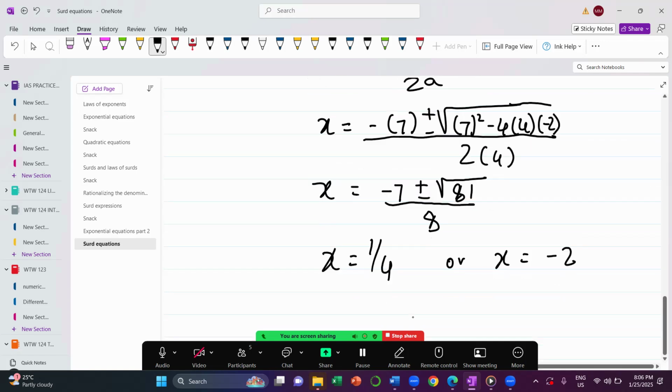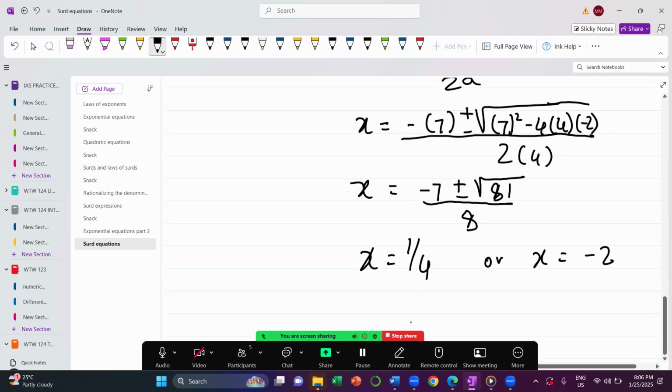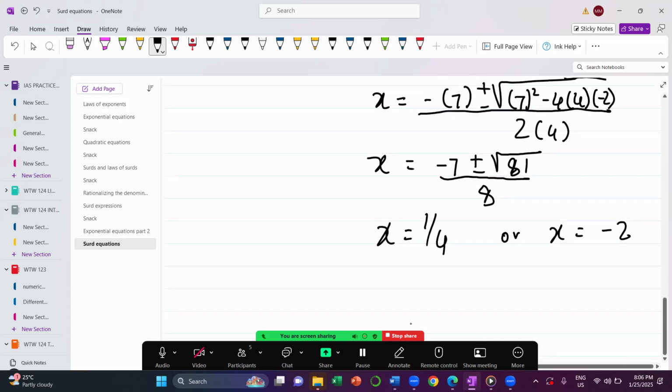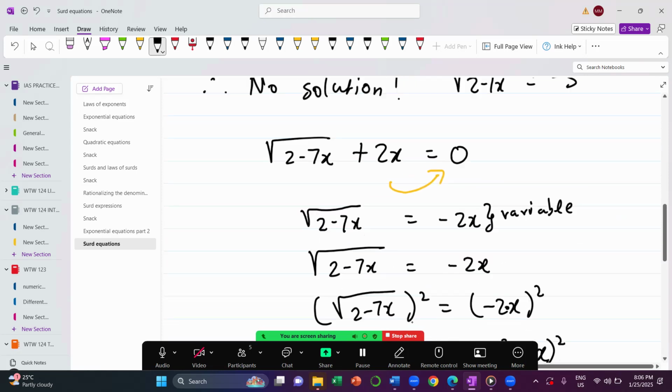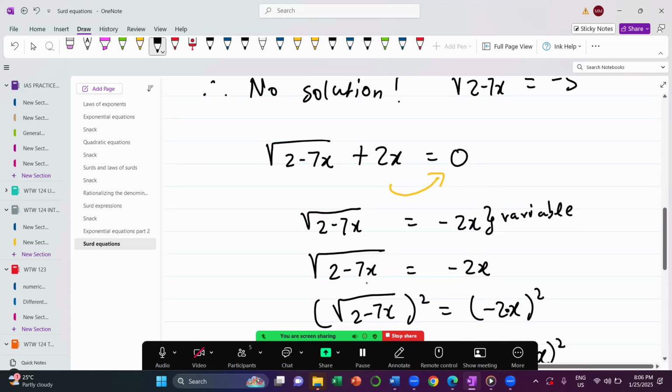So these are my two answers, right? And then, because this is a radical equation, you always check your answers. So now let's check. Is 1 over 4 a solution to this equation? You substitute 1 over 4 on this left-hand side and check in case you get a 0.